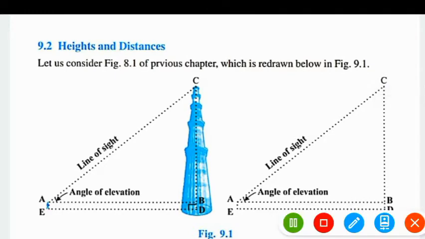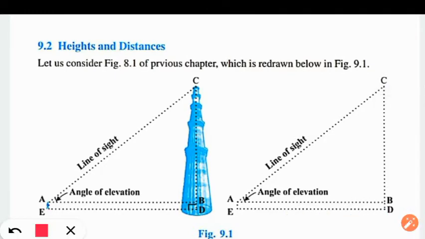Let us discuss angle of elevation. Suppose here we have one monument. I think you all know this monument, Qutub Minar. Suppose you are standing at the point E, and point A is the point from where you are watching the top of the monument, denoting your eye.